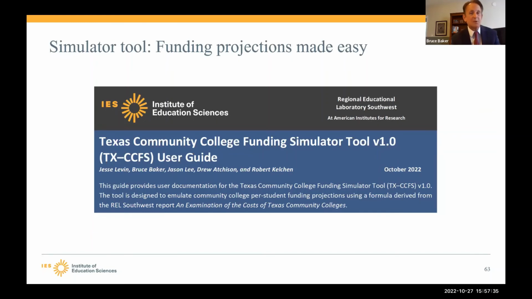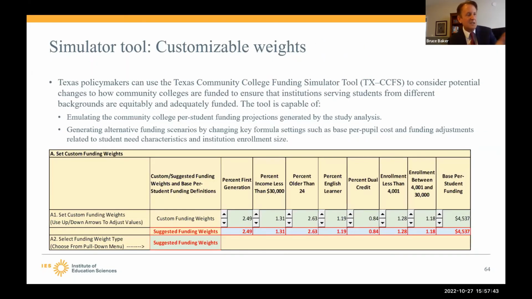If we go to the next slide, we've got the interface, which shows the weights derived directly from the cost model we estimated for how they affect the cost to achieve common outcome goals.